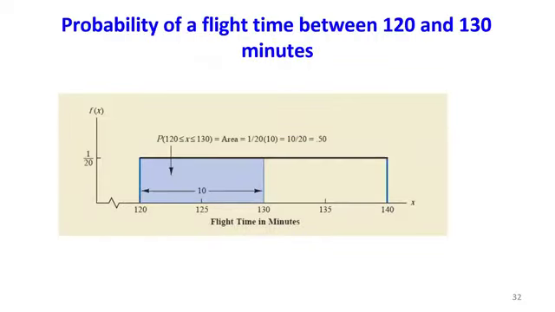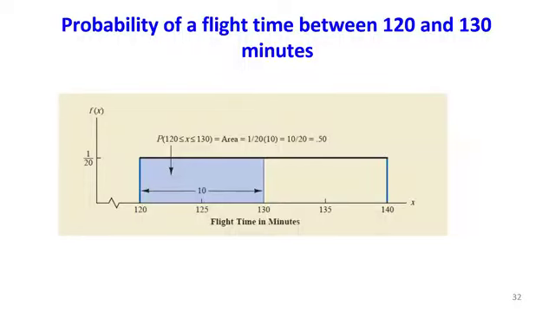Okay, and when we are talking about continuous distribution, the probabilities will be calculated for a particular range. Because in a continuous variable, we don't calculate the probability of exactly a particular value. We will not say, what is the probability that a flight would take 120.22 minutes?